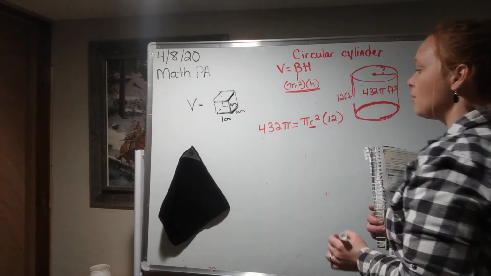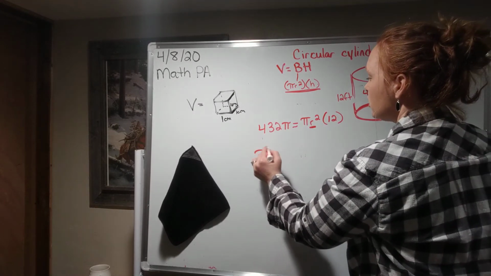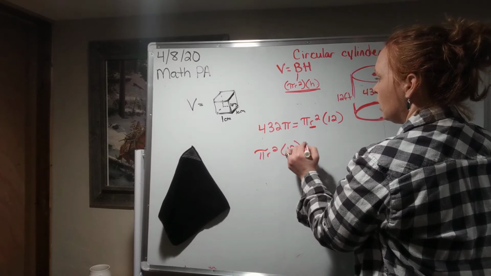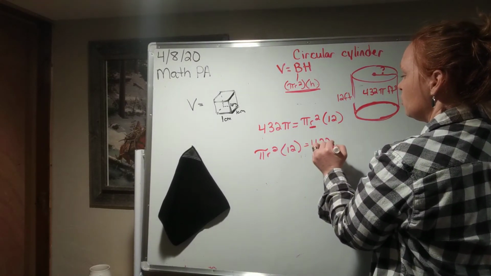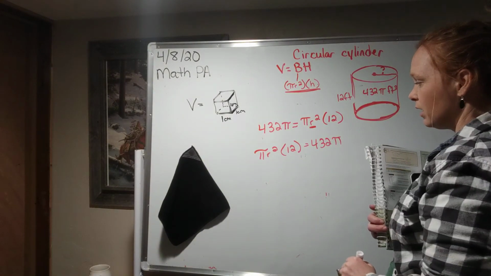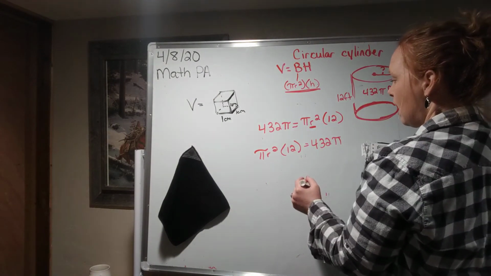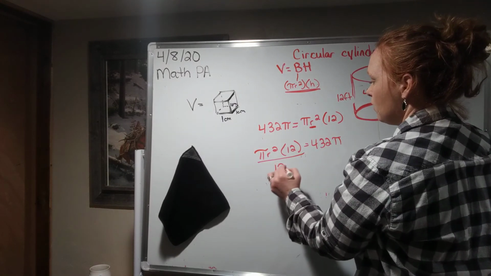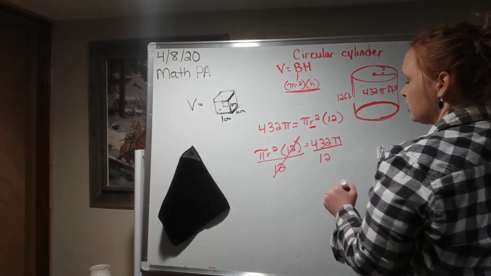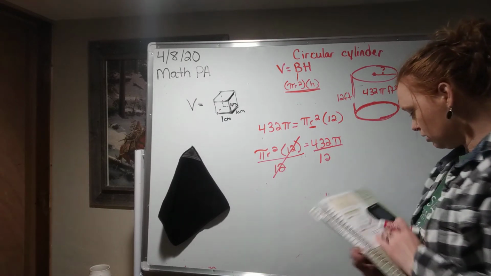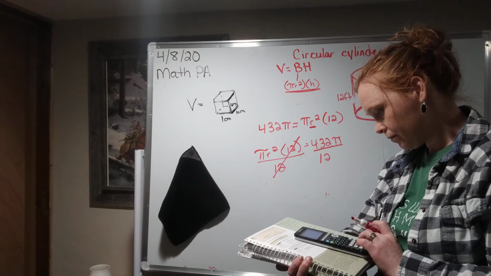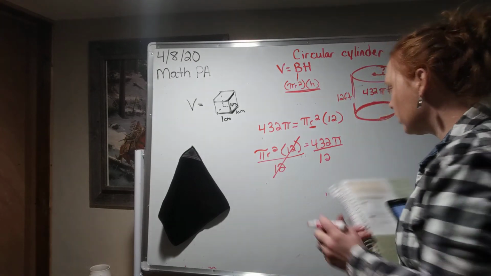Okay, now I'm going to algebraically solve this problem and find r. So we're trying to get r by itself. So let's go ahead and switch sides like you guys like to do. Pi r squared times 12 equals 432 pi. I just swapped the problem so I can get r by itself over here. Well, the first thing that I want to do is divide by 12. And whatever I do to one side, I have to do to the other side. 432 divided by 12 is 36.